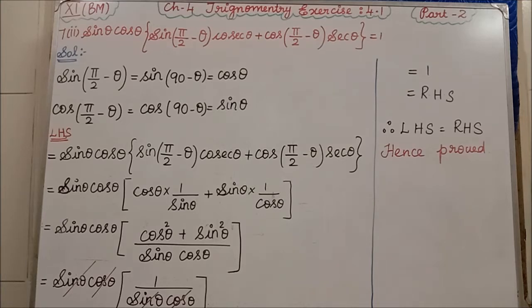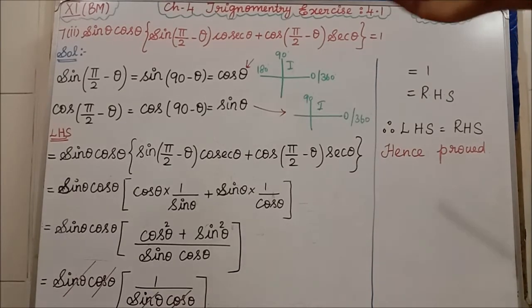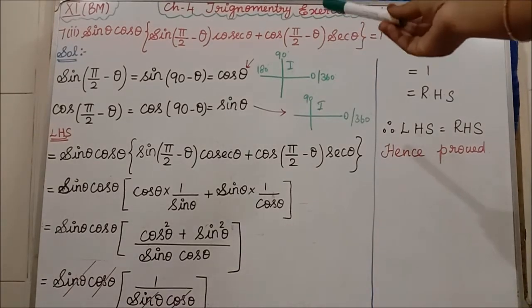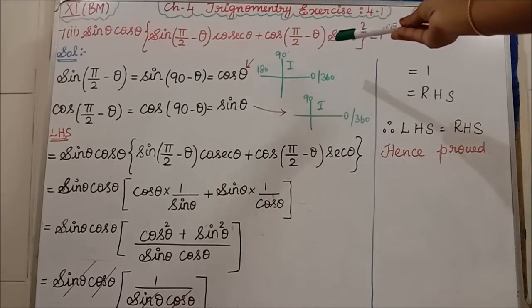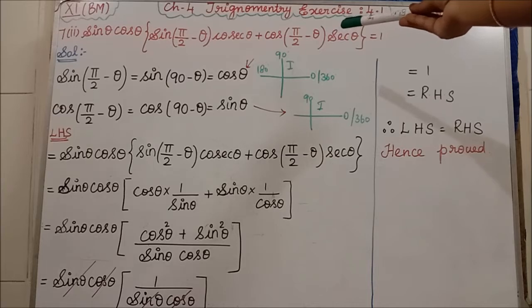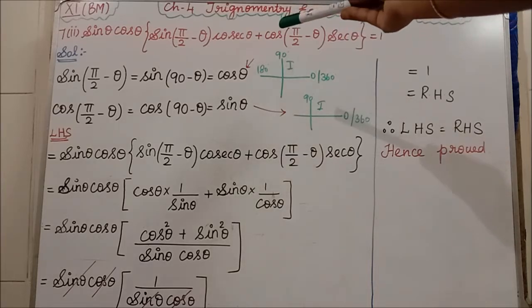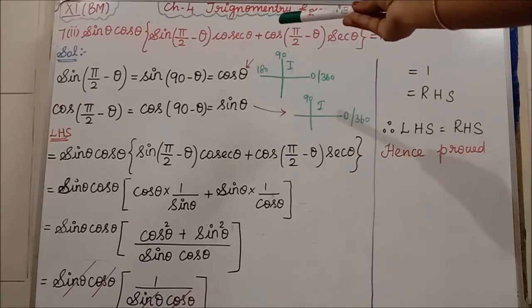After that, sin(90 degrees minus theta) is cos theta. In which quadrant will it lie? Now you see here, sin(90 minus theta) is cos theta. It will lie in the first quadrant. First quadrant means all are positive, so we are getting positive cos theta. Clear?